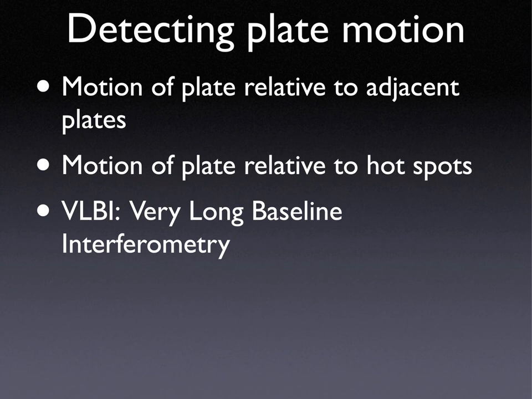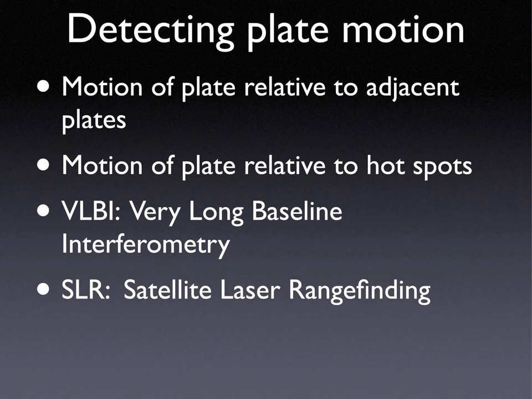If we point radio telescopes on different continents, different plates at the same radio source and do it over and over again, you can see that the one side of that triangle is starting to get longer and longer or shorter and shorter because of these very detailed measurements that we can make.